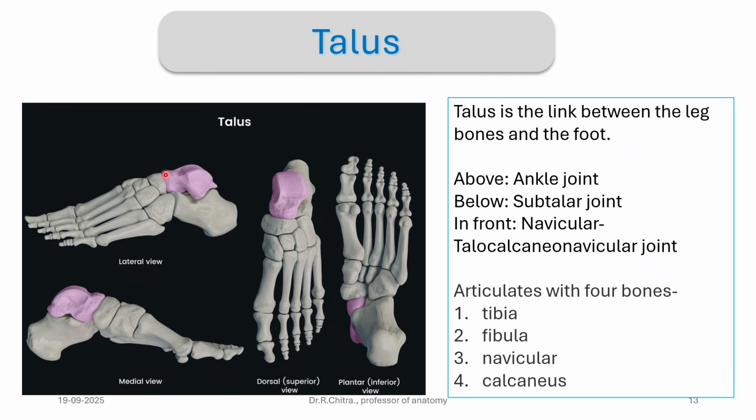Head articulates in front with the navicular bone and below with the sustentaculum tali of the calcaneus. Body upper surface articulates with tibia and fibula. Lower surface articulates with calcaneus. In short, talus articulates with 4 bones, tibia and fibula above, calcaneus below and navicular in front.